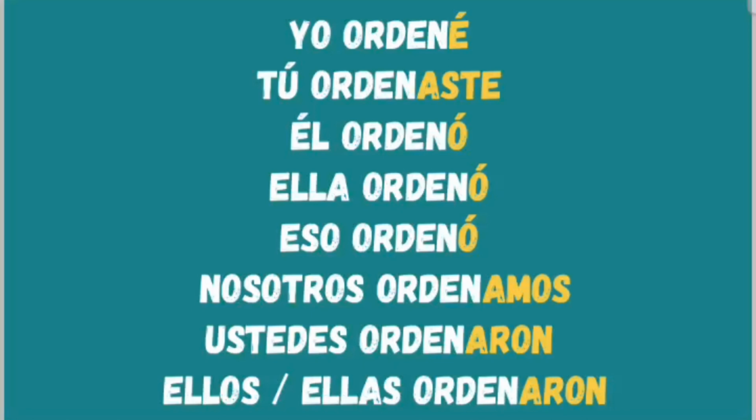And now see the ending of the verb, it's ending with letter E with an accent. So, to say I ordered, you have to say yo ordené, past tense, indefinite past in Spanish.